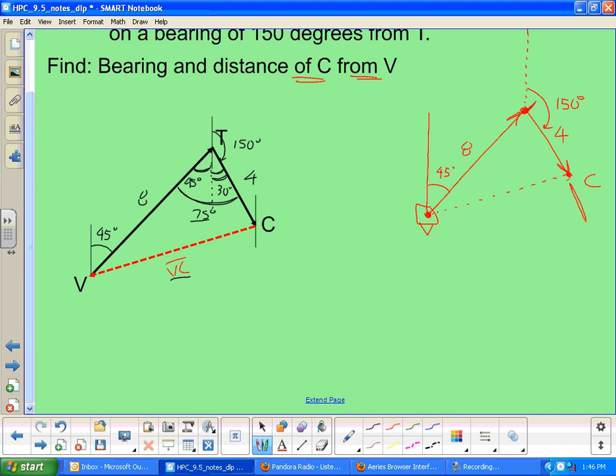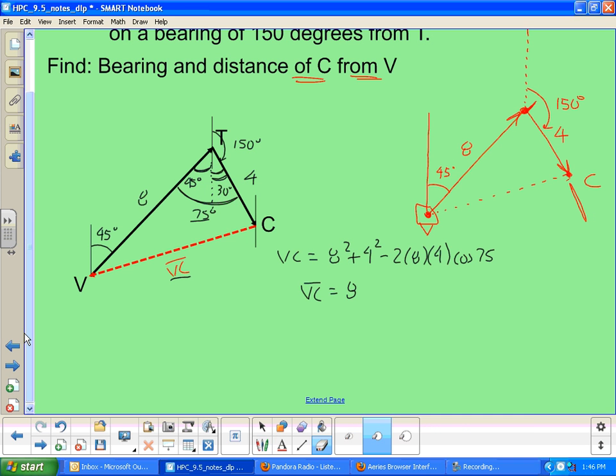Again, through law of cosine. So we set this all up. A squared equals 8 squared plus 4 squared minus 2 times 8 times 4 times the cosine of 75. And I think it is 7.96. Do I remember that correctly?